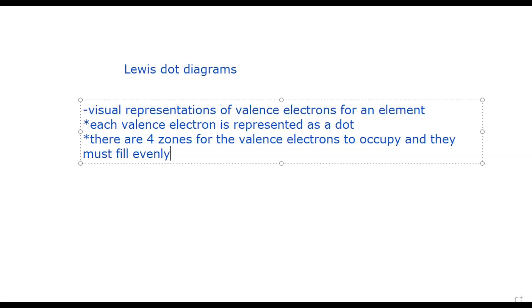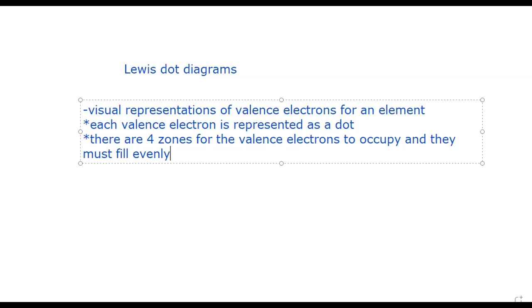When it comes to the diagram itself, we can think of that Lewis symbol, that elemental symbol, as having 4 zones around it: 1 on top, 1 on the bottom, 1 on either side. And so when we place these dots around that symbol, we need to fill those zones evenly.